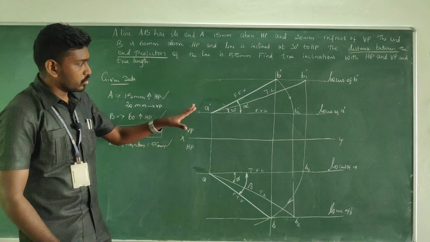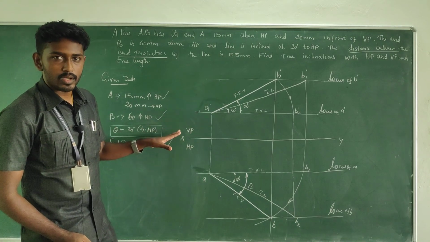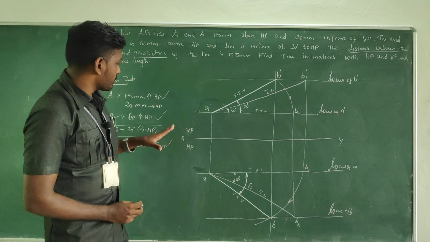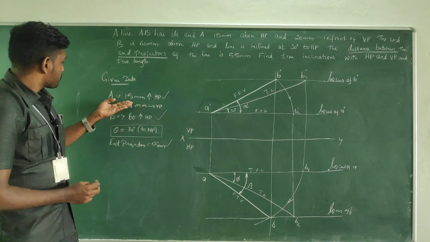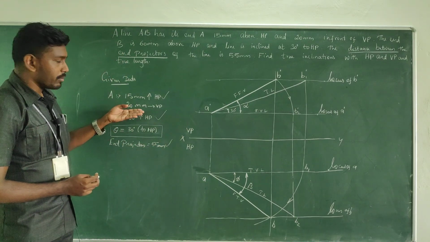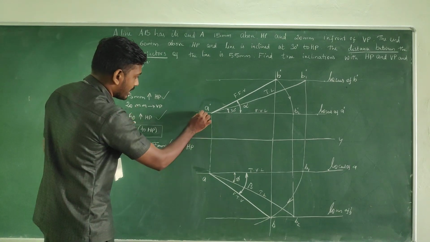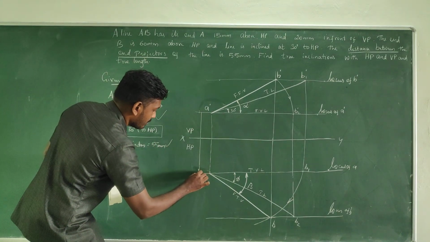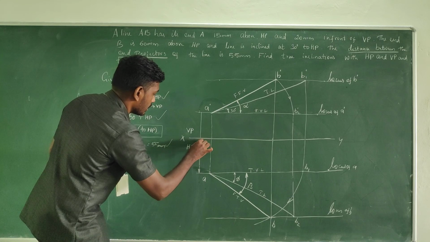All the unknown things we have found. Okay, next give the measurements: 15 mm above and 20 mm in front of VP. So here we can capture it. Make the dimension line with filled arrows like this.